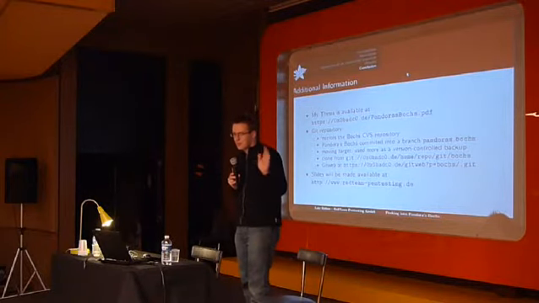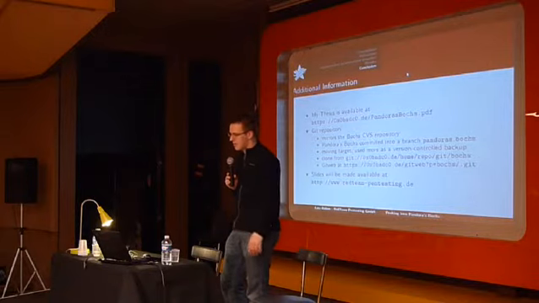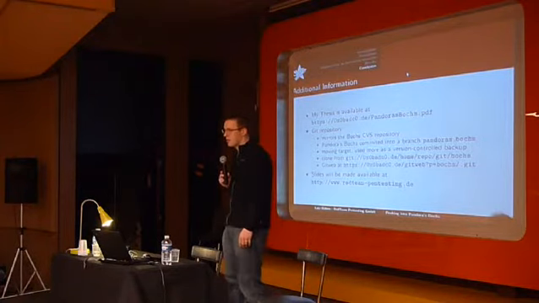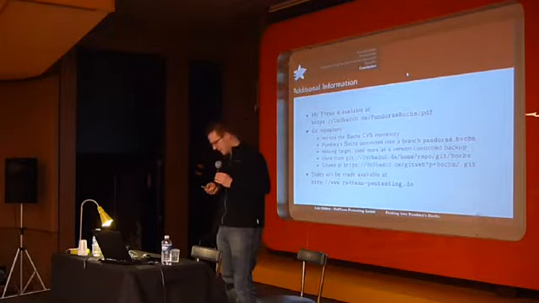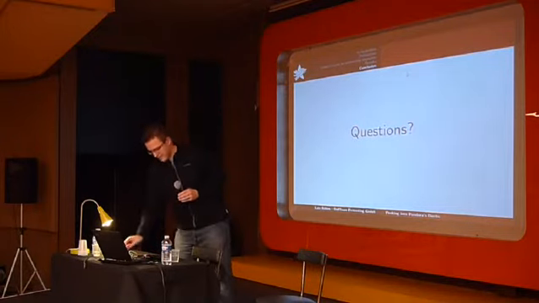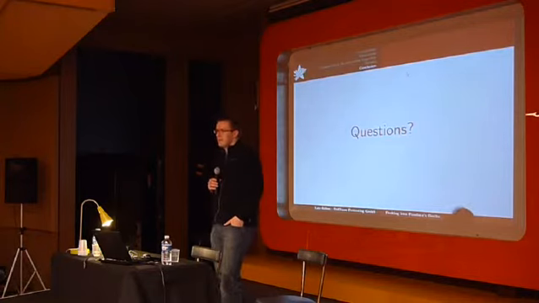It's more of a version control backup for me, just so I can roll back scrap stuff that obviously doesn't work. And I will make my slides available on our company website. That's it. Thank you. Any questions?